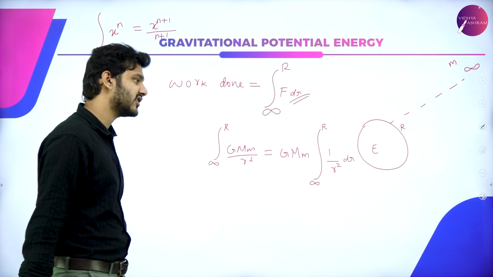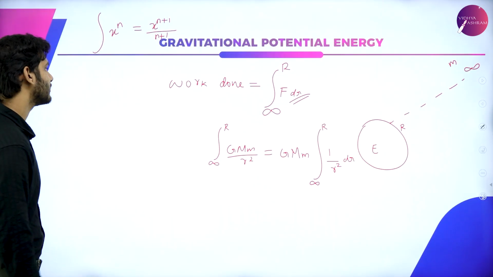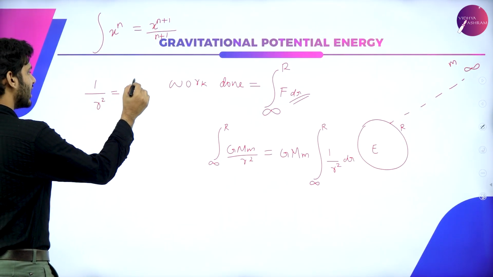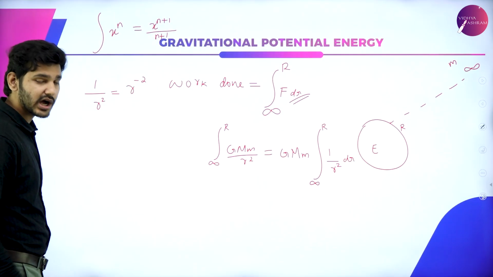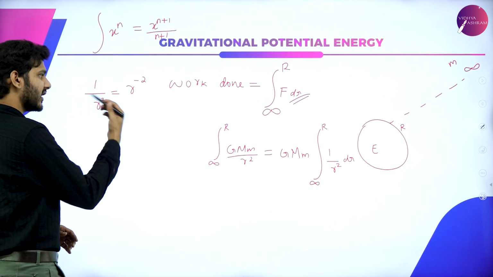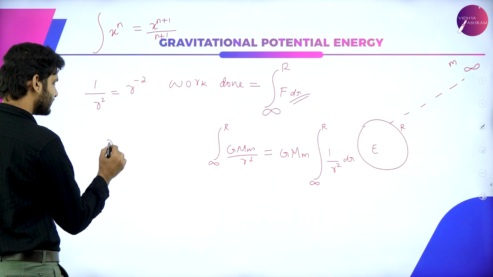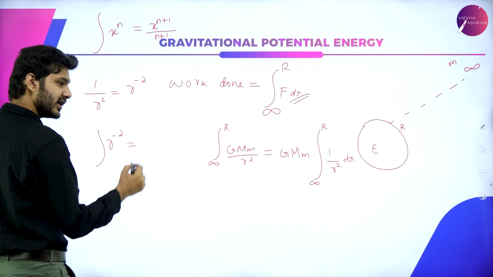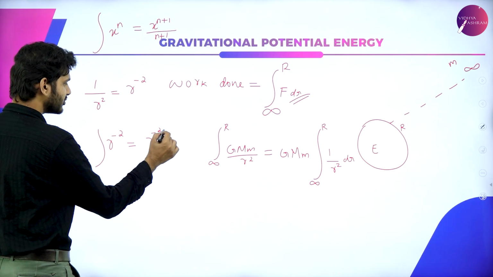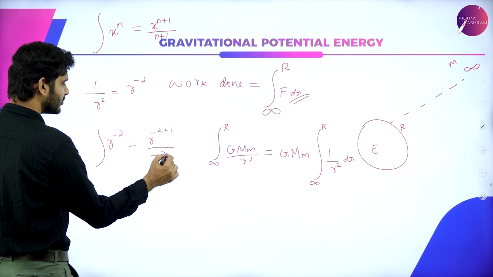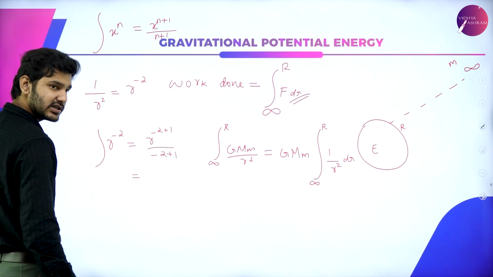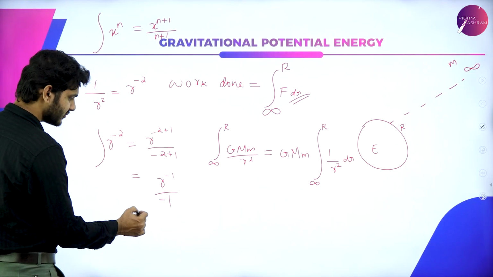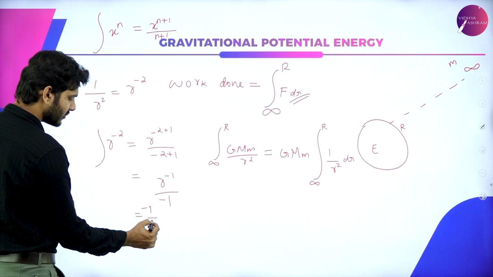Now how do we integrate 1 by r square? It's very simple. Again, 1 by r square can be written as r raised to minus 2, or r square inverse. So r raised to minus 2 when integrated will become r raised to minus 2 plus 1 divided by minus 2 plus 1, which is nothing but r raised to minus 1 divided by minus 1, or simply minus 1 by r.